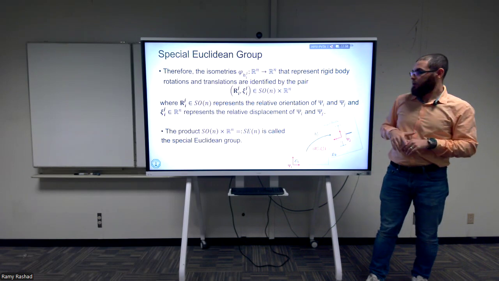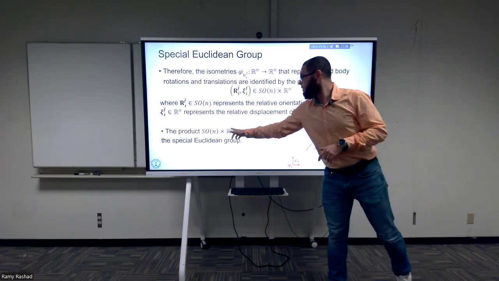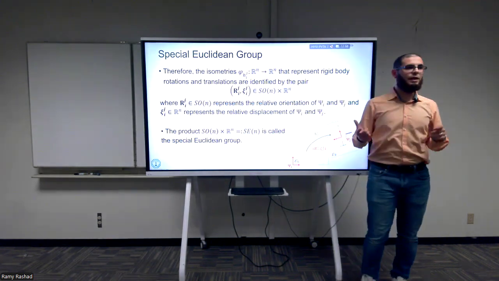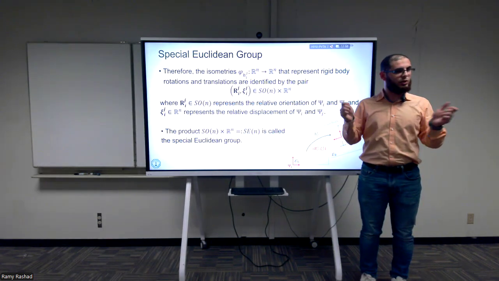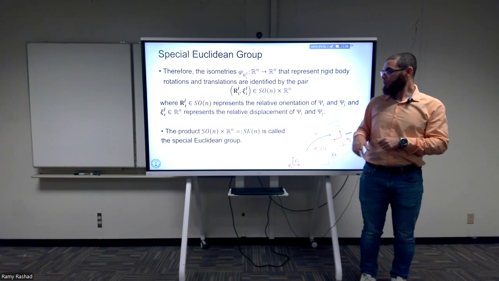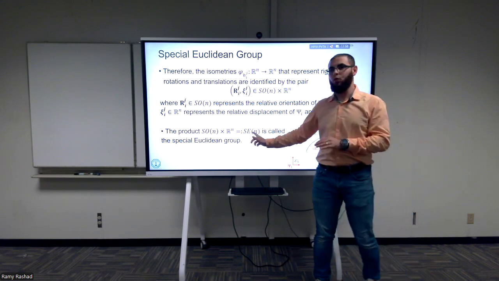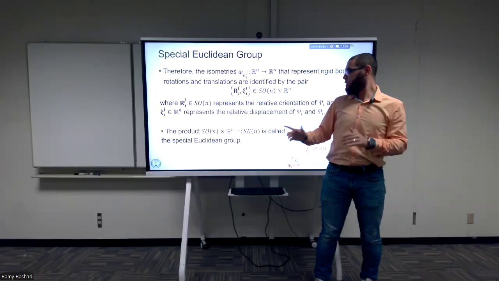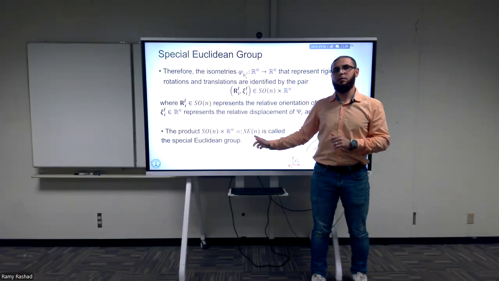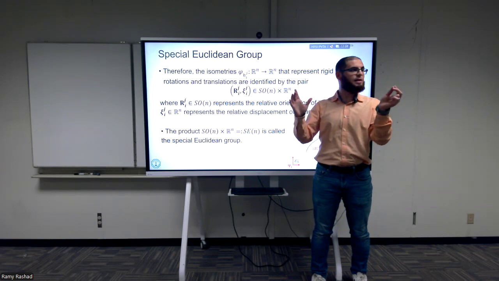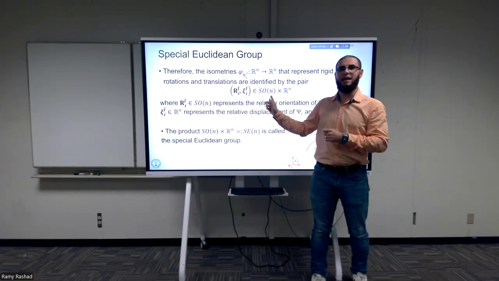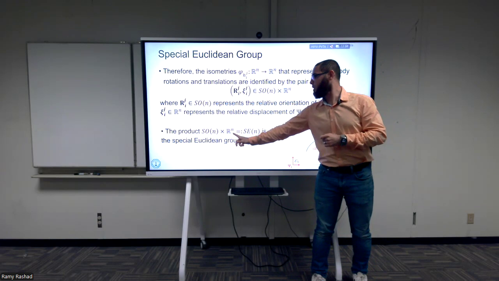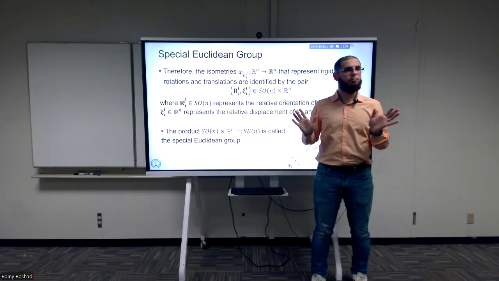The product of these two spaces is what people call the special Euclidean group. As a set, an element of SEN is a pair. The first element lives in SON. The second element lives in Rn. Everyone agrees? Okay.